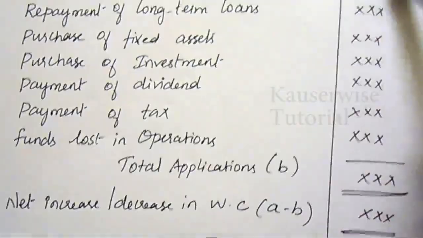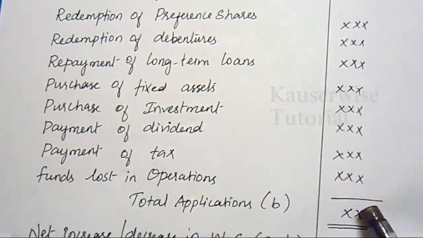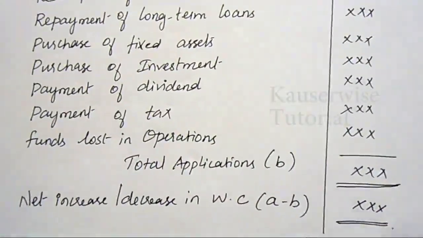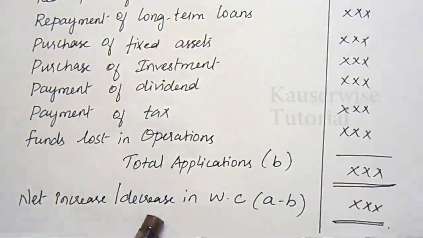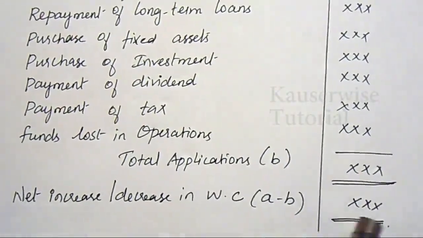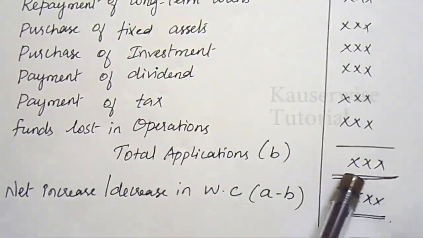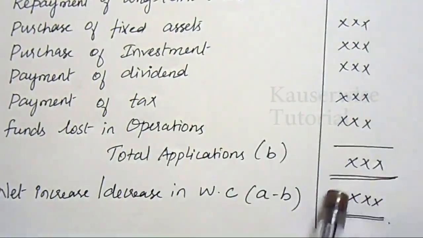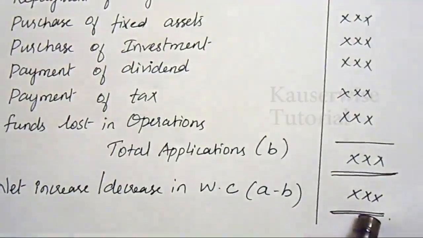Okay, then find the total application. Then you can find the difference, that is total sources minus total application is equal to increase or decrease in working capital. If your sources amount is in excess of the application, that amount will be called as increase in working capital.